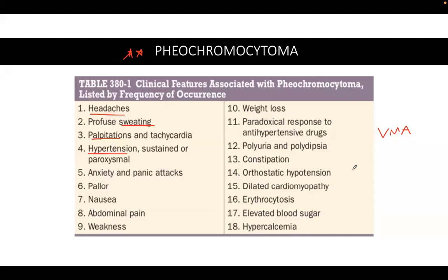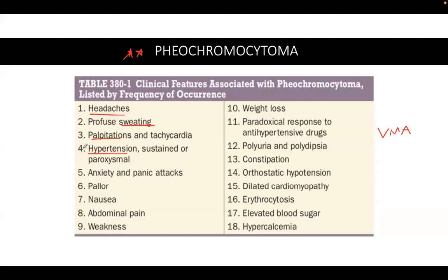Clarification: the chromatin is the salt and pepper appearance. However, the pattern of the chromaffin cells forming clusters or nests is called the Zellballen pattern. I hope everyone got that.